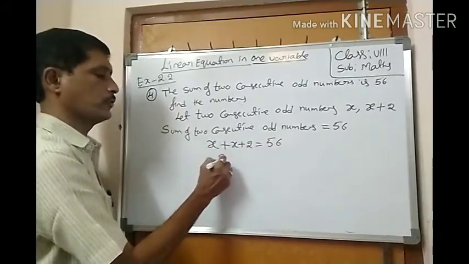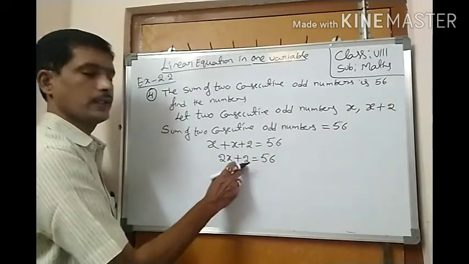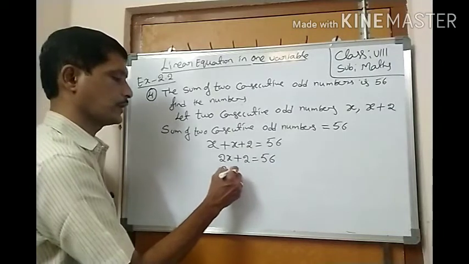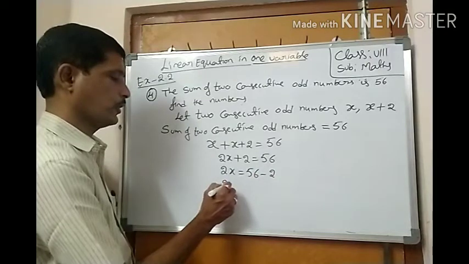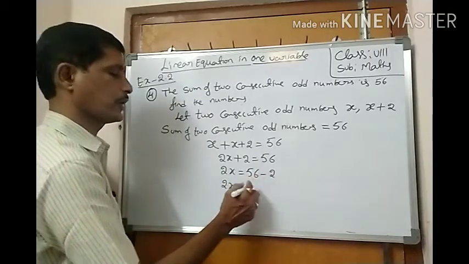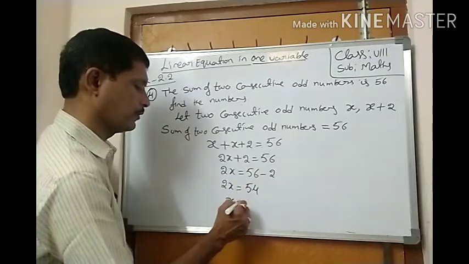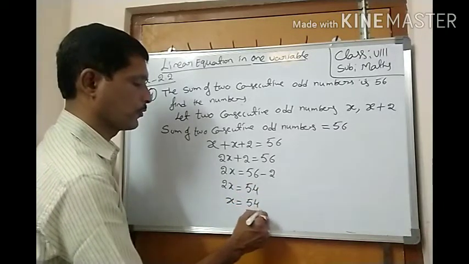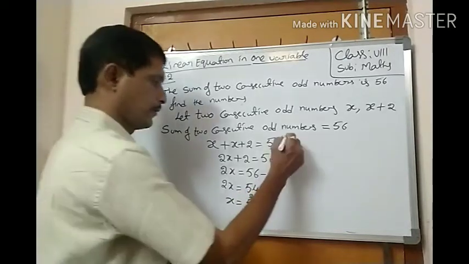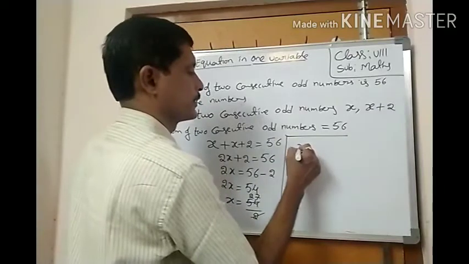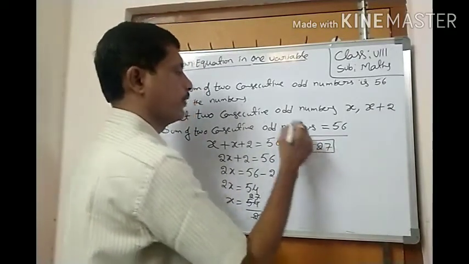X plus x, that is 2x plus 2 equal to 56. The 2 is changed to the other side, that is 2x equal to 56 minus 2, that equals 54. Therefore x equal to 54 by 2. Here 2 27s, therefore x equal to 27.